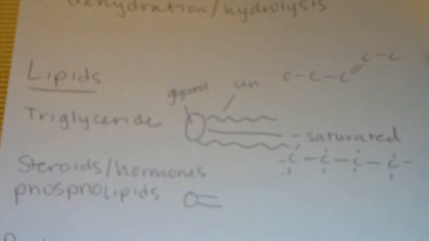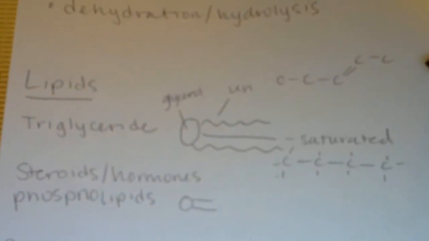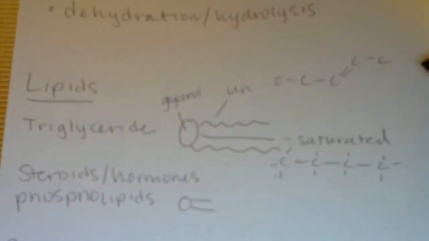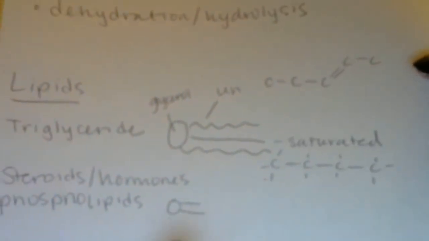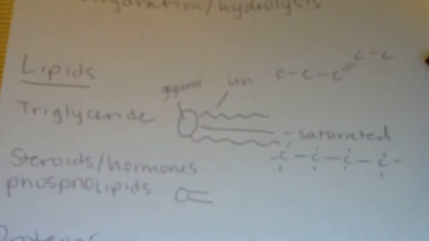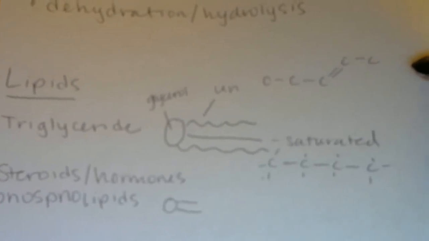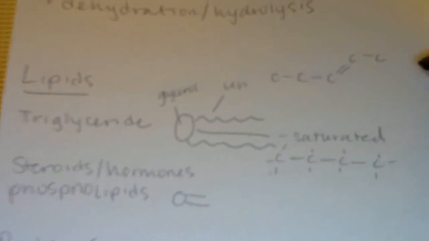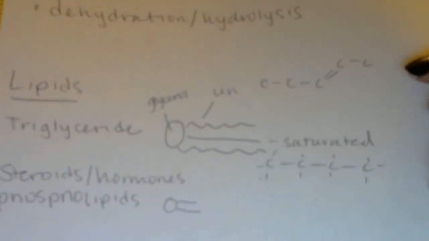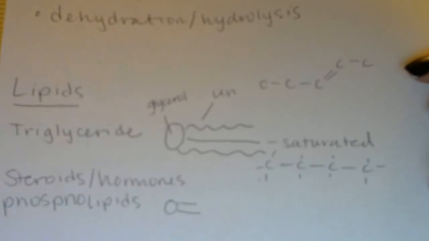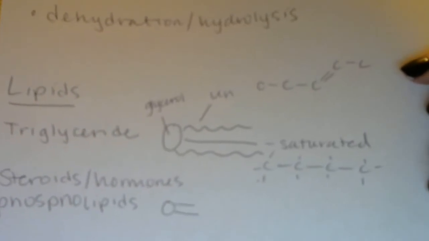Lipids also contain steroids, hormones, and phospholipids. I drew a little picture here of a phospholipid. It has a phosphate head and then 2 fatty acid chain tails. These are very vital in the cell membrane. In the phospholipid bilayer, there's actually 2 layers.